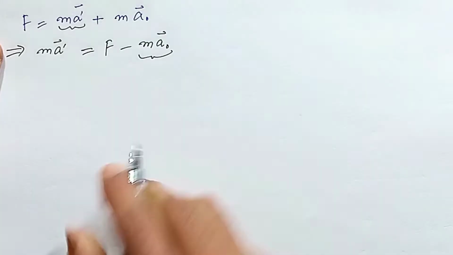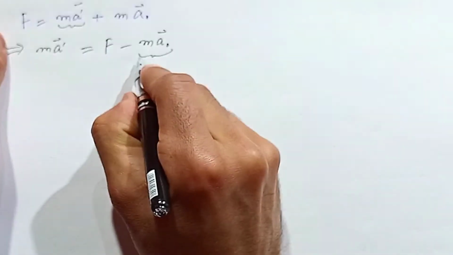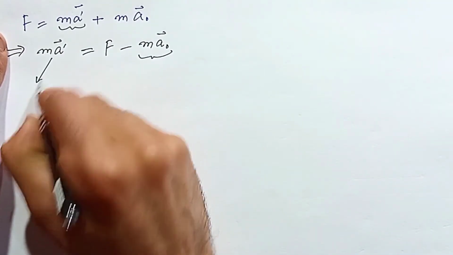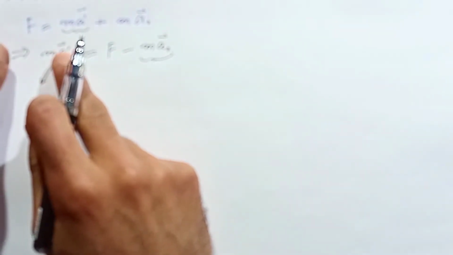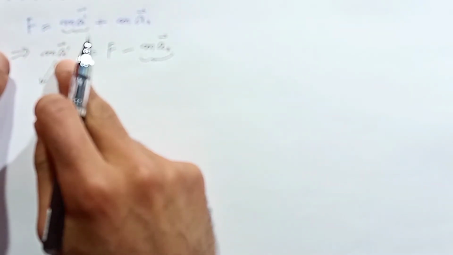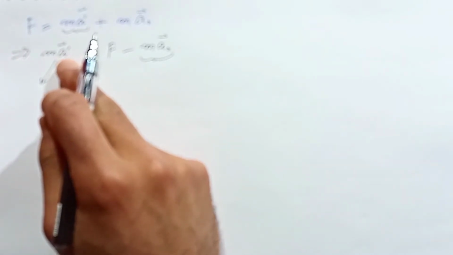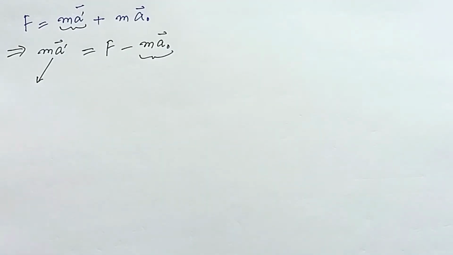And this is the force which we need to add if we want to apply the second law of motion onto S prime. That is the frame of reference S prime.